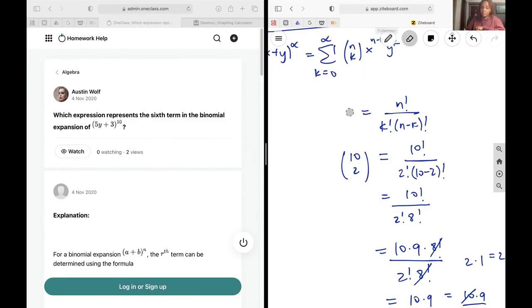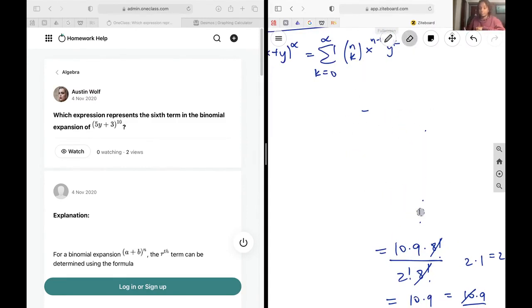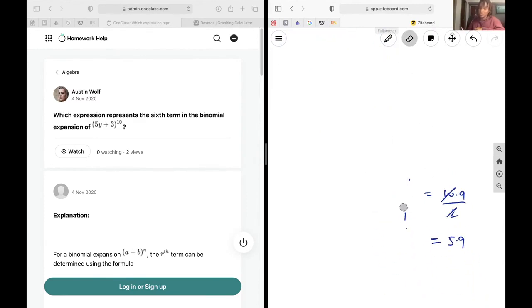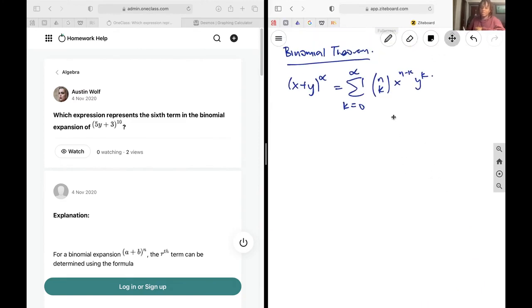So now let's figure out how to expand this out before we can go about finding what the sixth term is, because we need to figure out how to expand it so you know what each term is going to look like.